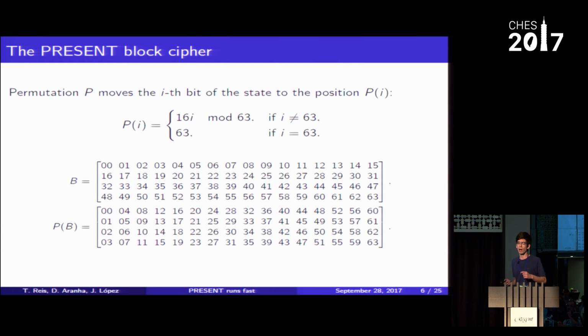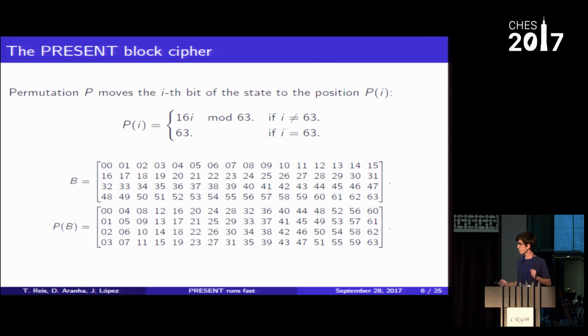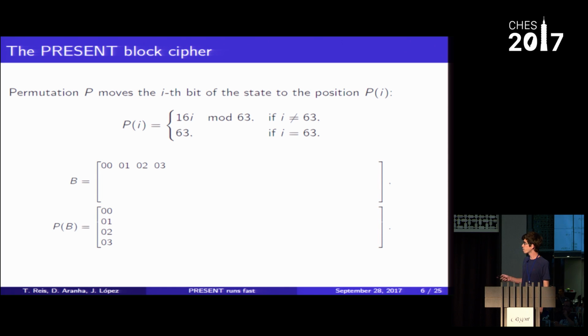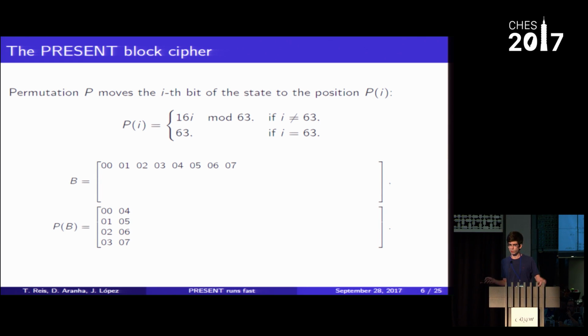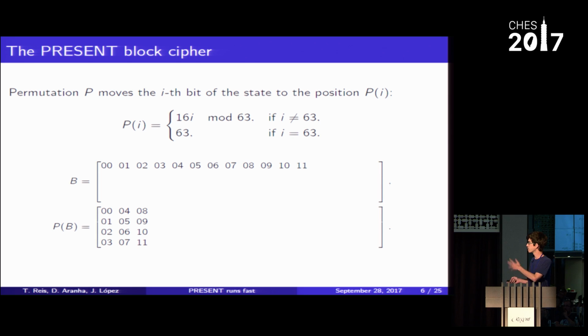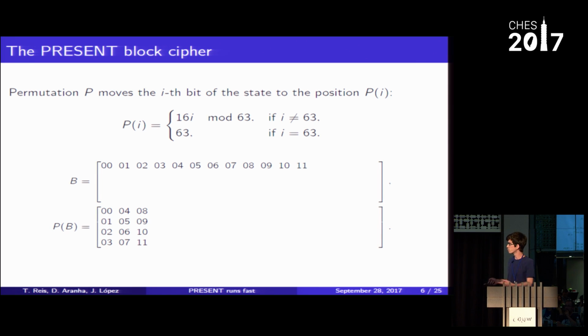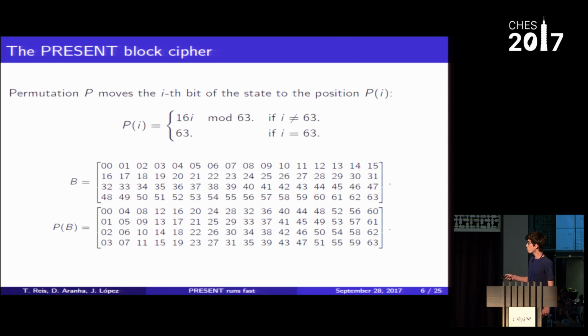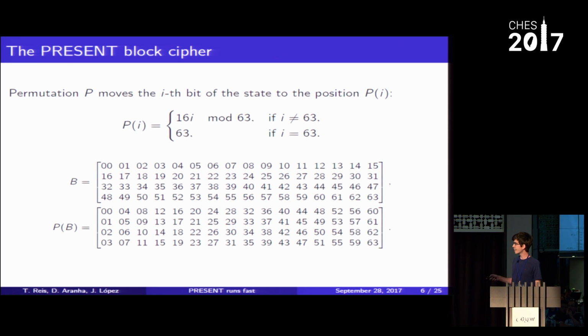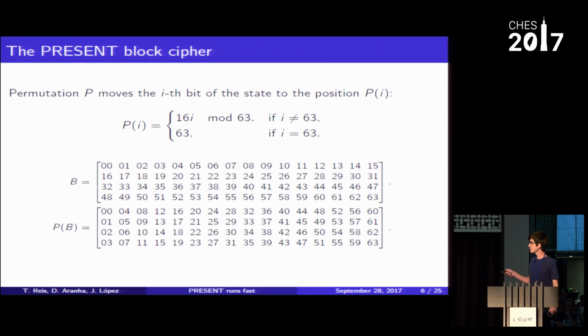And it will be clear why shortly. First, let's analyze what this permutation is doing. The first 4 bits go to the first column when the permutation is applied. Then the next 4 bits go to the second column. And then the next 4 bits go to the third column, and so on. So we will say that this state is bit sliced because all of its 4 consecutive bits here on the original state are taken into columns of the permuted state.